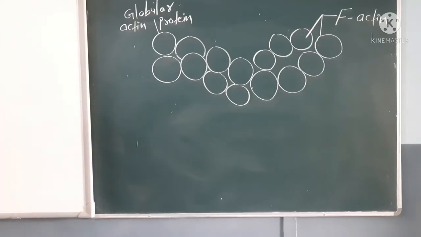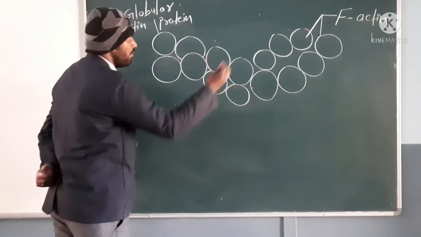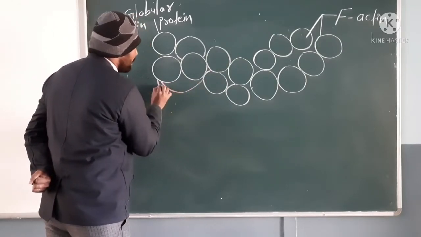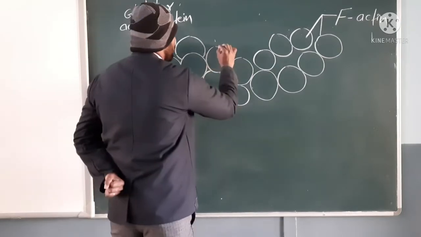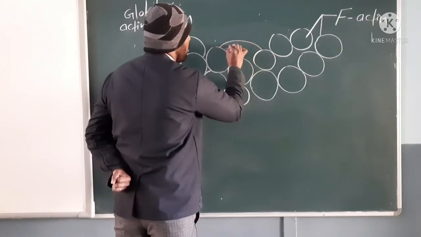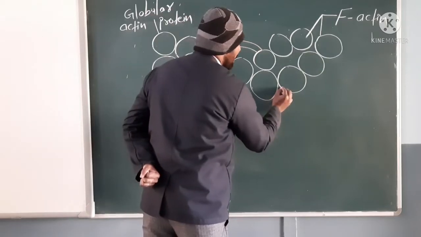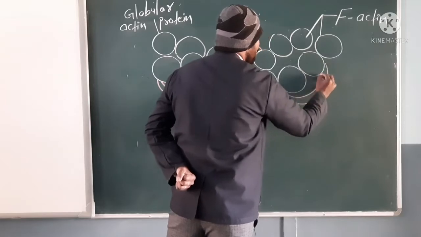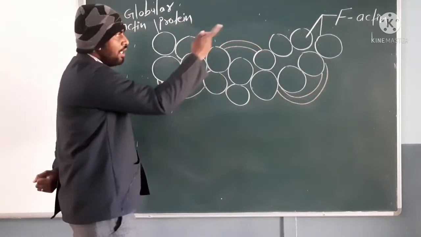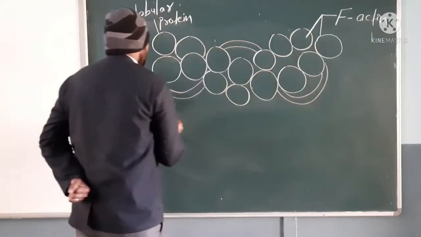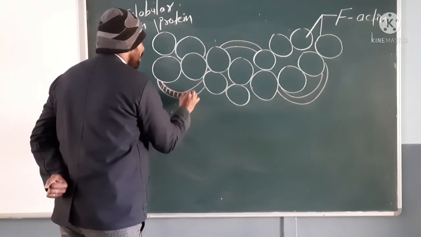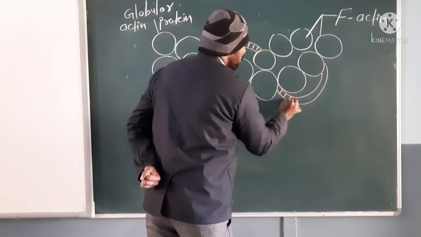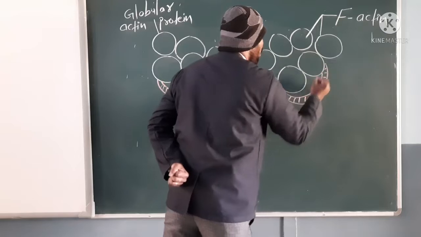Along with these two chains of filamentous actin, there is one more protein, as we have already written. Two strips of one more protein also run along with the F-actin chains throughout the whole length of the F-actin chain. And these two chains are made up of one more protein called tropomyosin. So this is one chain I have drawn.